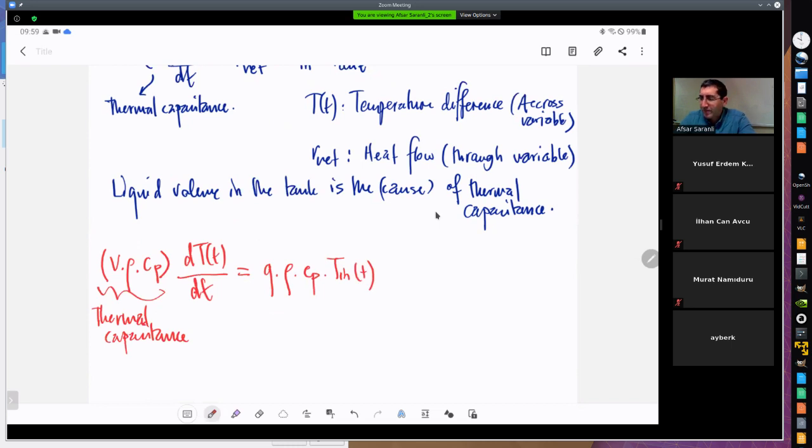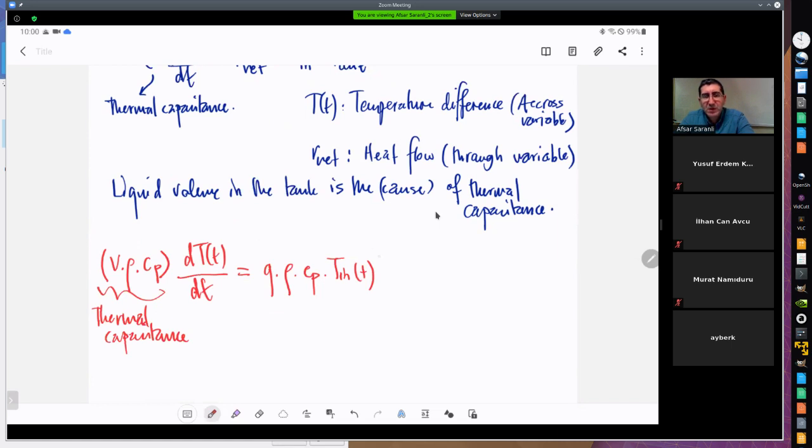So this factor in the front has the flow rate, the density, the specific heat, as well as the temperature of the liquid. The higher the temperature, the more energy is coming in. The higher the flow, the more energy coming in. Any questions here?